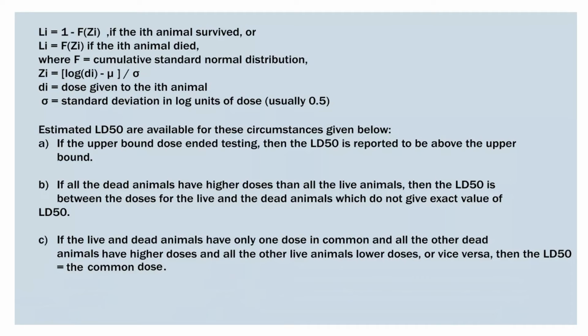If all the dead animals have higher doses than all the live animals, then the LD50 is between doses for the live and the dead animals, which does not give an exact value of the LD50. If the live and dead animals have only one dose in common and all other dead animals have higher doses, all the other live animals lower doses, or vice versa, then LD50 equals the common dose.